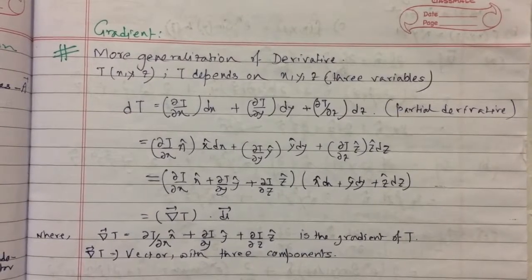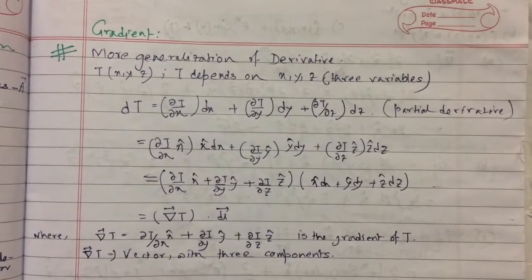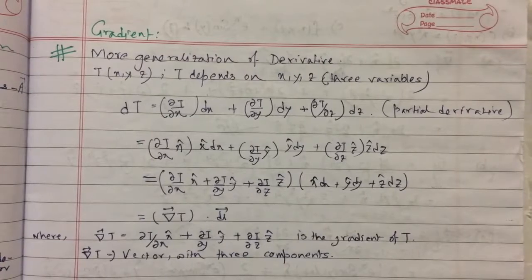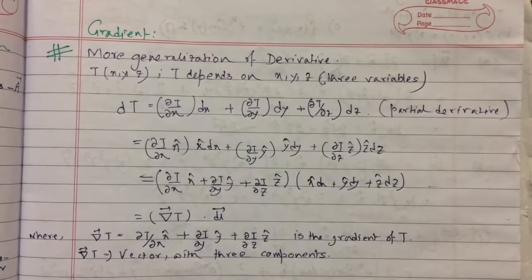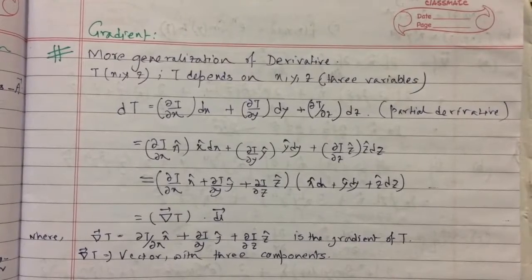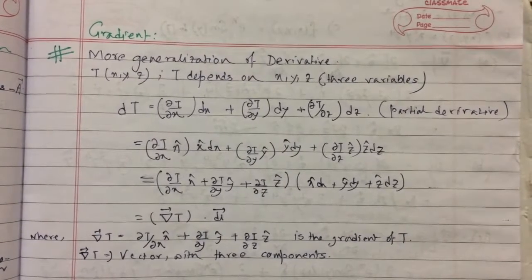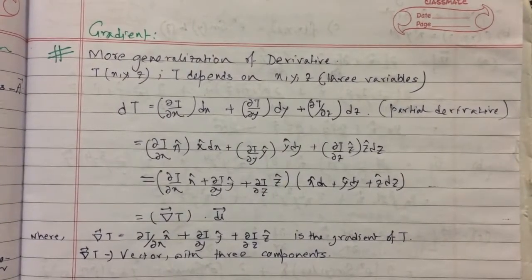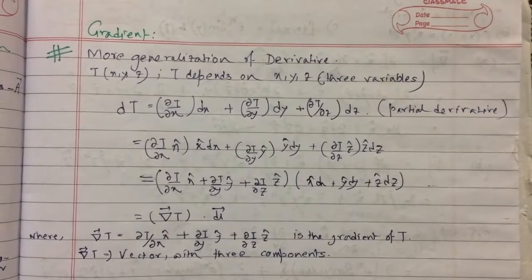So here now we want to generalize our notion of the derivative to functions like this, which depend on x, y, z, three variables, not just one, x or y or z.